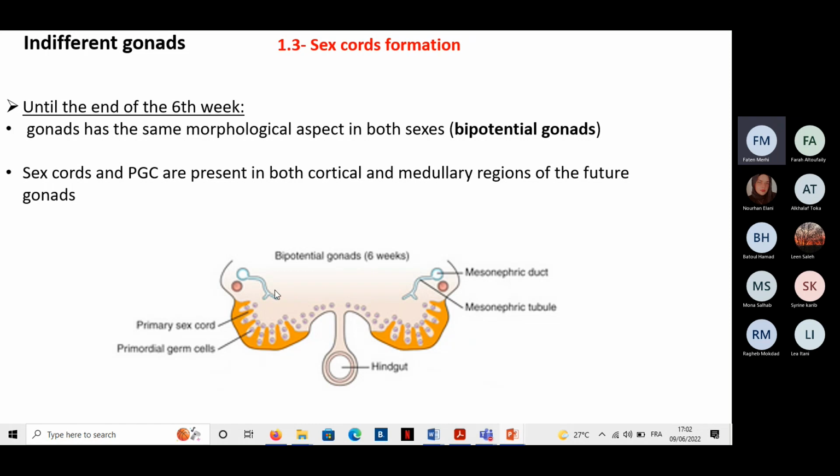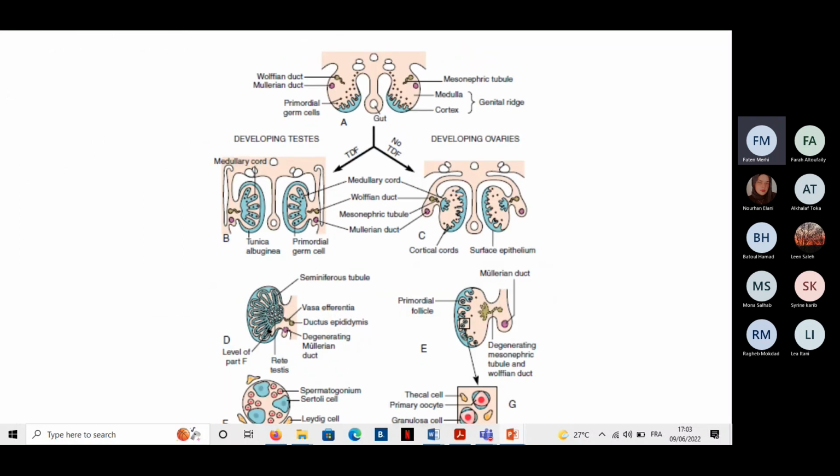We will have sex cords only in the medullary region. In the females, the medullary sex cords will disappear, and we will have sex cords only at the cortical region. But in the indifferent gonads, sex cords are present in both the cortical and medullary regions. So this is regarding the indifferent gonads.